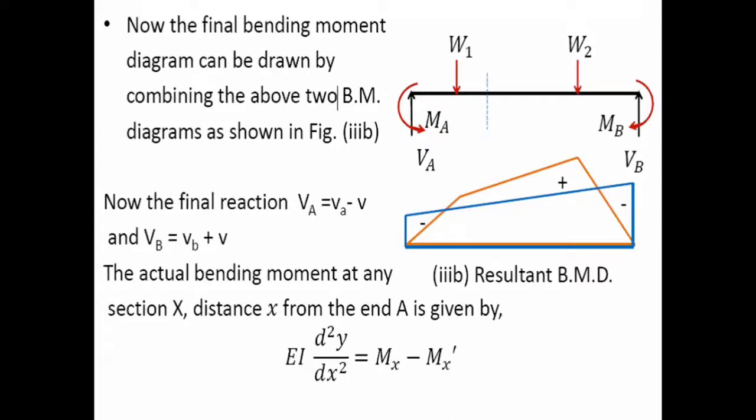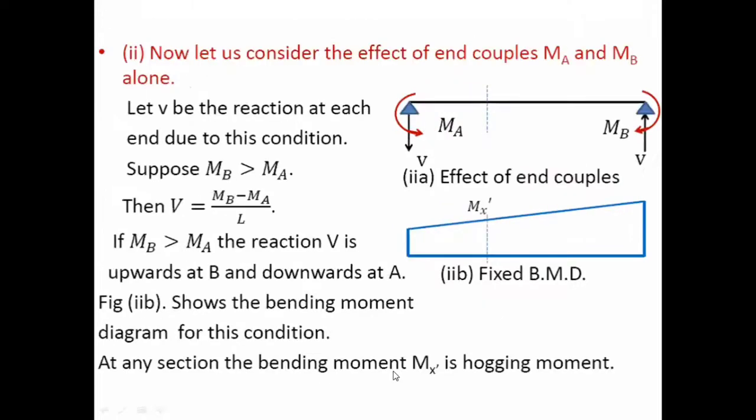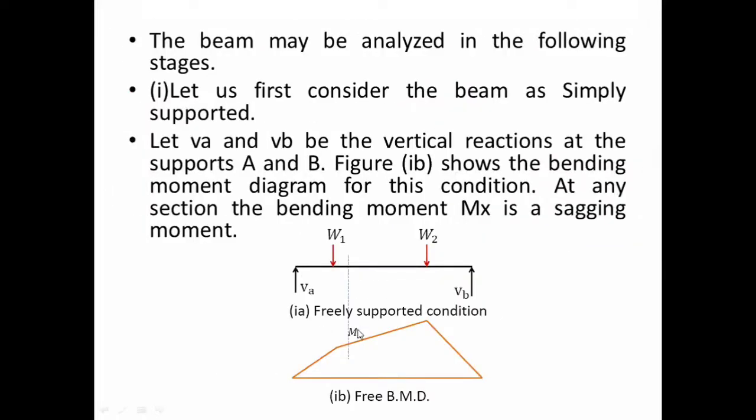Now what will be the actual bending moment? The actual bending moment at any section X, which is considered at a distance X from support A, is equal to Mx minus Mx dash. What is Mx? Mx is this moment.